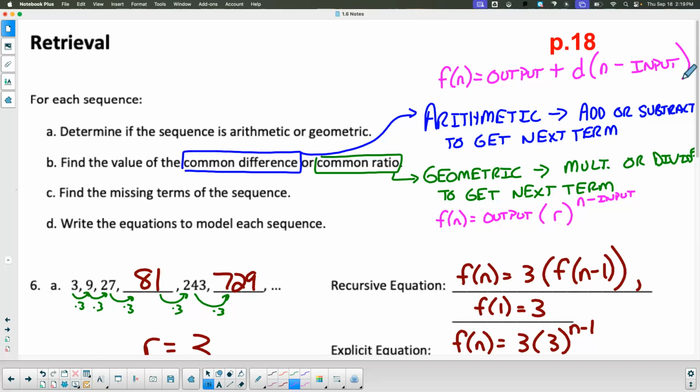If you don't have those two pink patterns written down, I'm going to give you 34 seconds to write them down, because that's every explicit equation in a geometric and an arithmetic. You just got to know which one's which. The top one's arithmetic. Arithmetic goes with arithmetic.